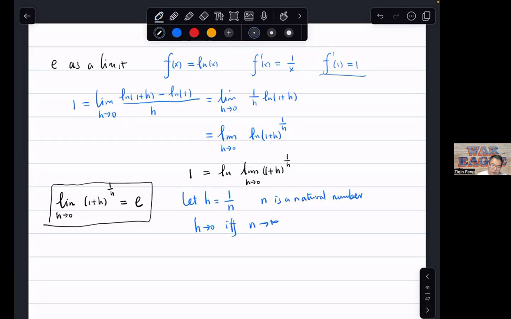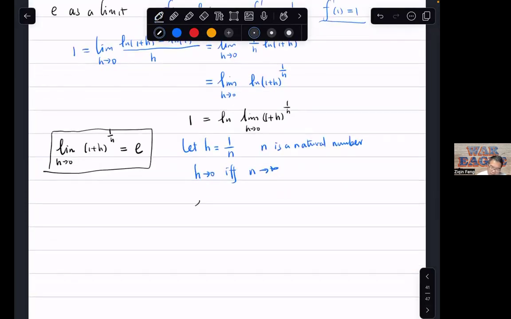So we get another form of this limit. e is basically, as n goes to infinity, 1 plus 1 over n, to the power n. So this is another very important limit, right?